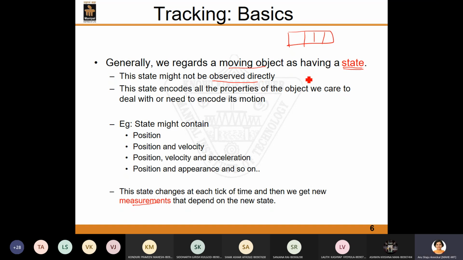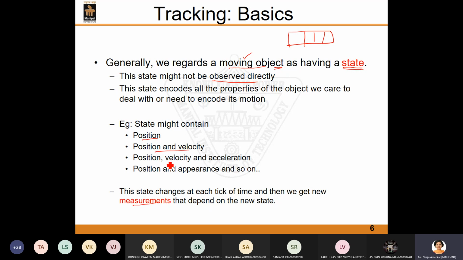So when I say state, it is nothing but all the information present in the object with regard to its movement. That is what you call state. Now, the state could be just the position of the object, or sometimes it could be both position as well as velocity.